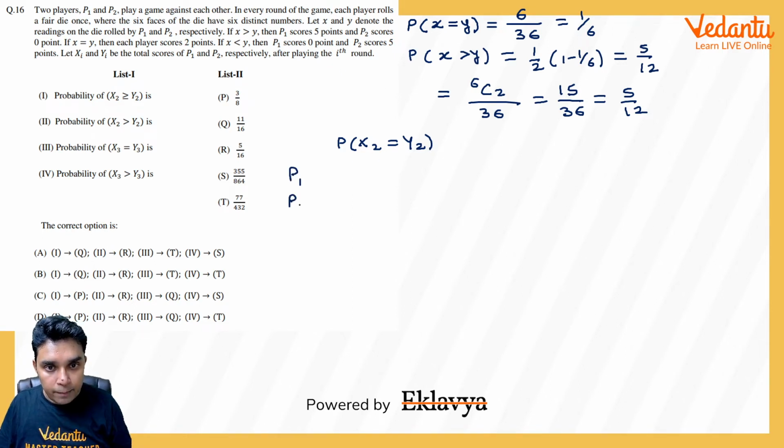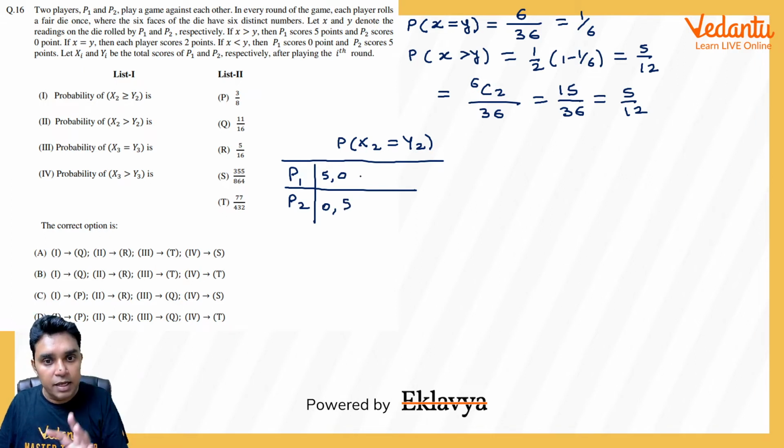Please see P1, P2. If I write the cases, their equal scores can be if P1 wins the first match and loses the second, and P2 loses the first and wins the second, or the converse. There will be two cases.